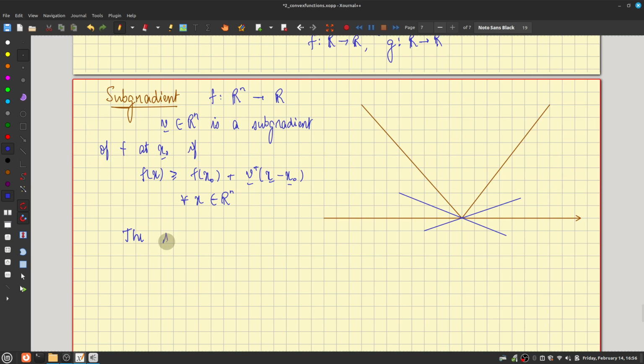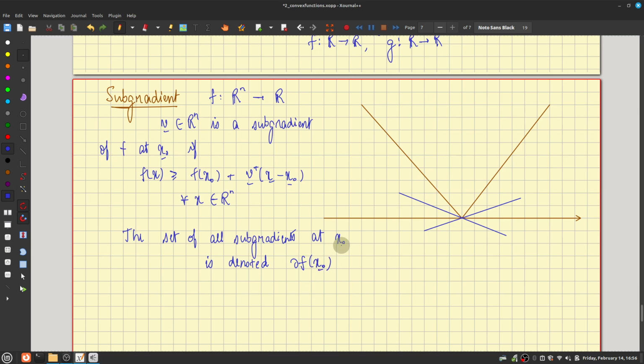So the set of all subgradients at x naught is denoted nabla f of x naught.